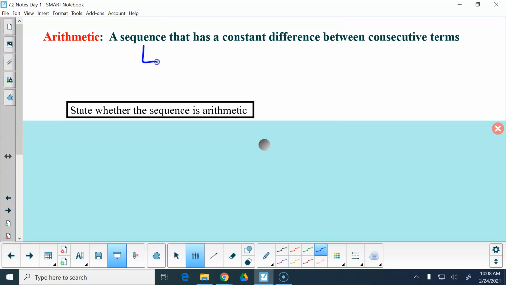In other words, it's a sequence that adds the same number.